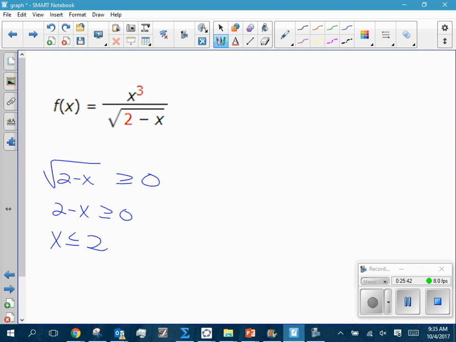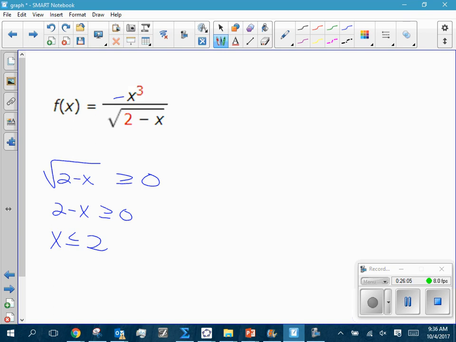But what other number is less than 2 that is pretty close to 2? Maybe I phrased that wrong. What number is less than or equal to 2 that is pretty close to 2? 2 itself, right? If I plug 2 in, 2 cubed is something we can do, right? But what's 2 minus 2 underneath? 0. Square root of 0.